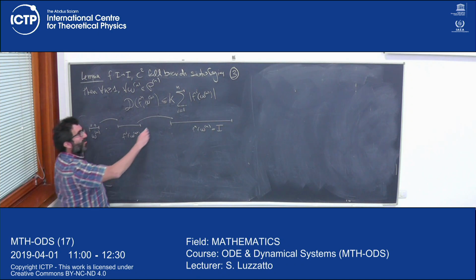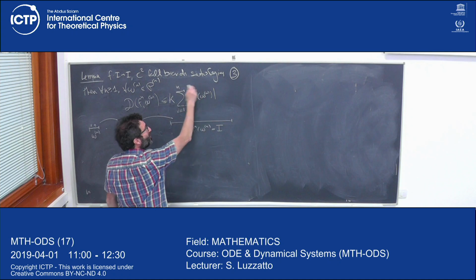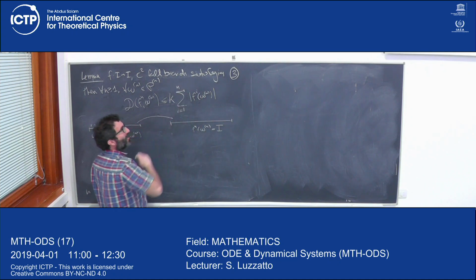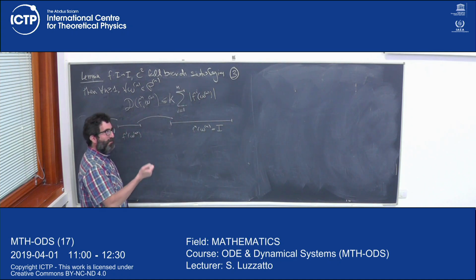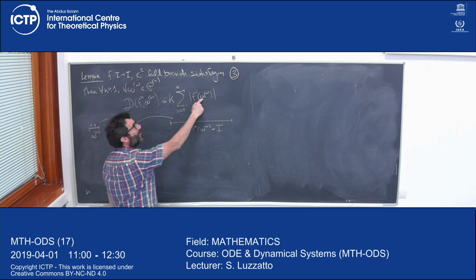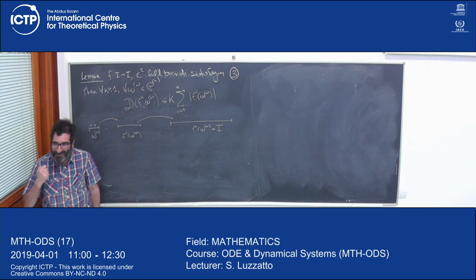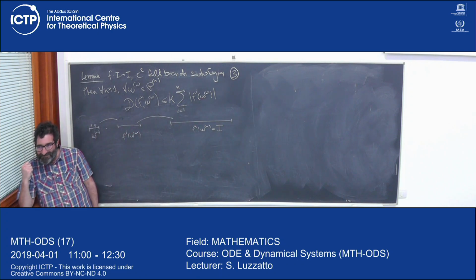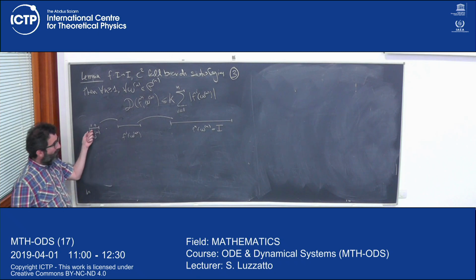So when you're summing here, it's true that you're summing a larger and larger number of intervals, but you're summing starting from an interval which is much smaller. So this is exactly going to be the key. This is exactly why we will end up getting a bound that is independent of n, because there's an implicit hidden dependence here.